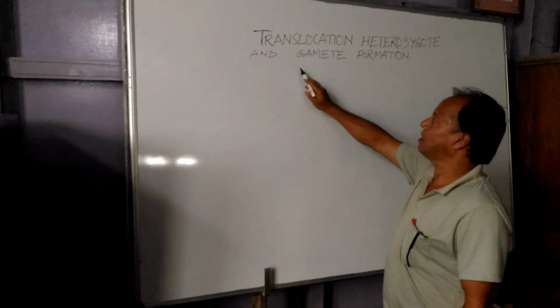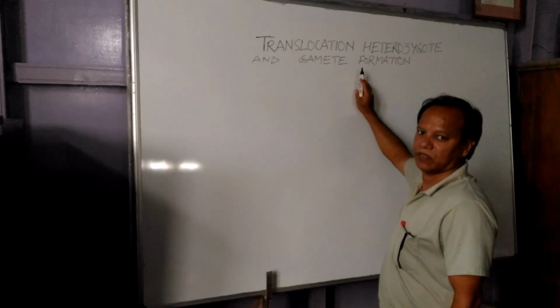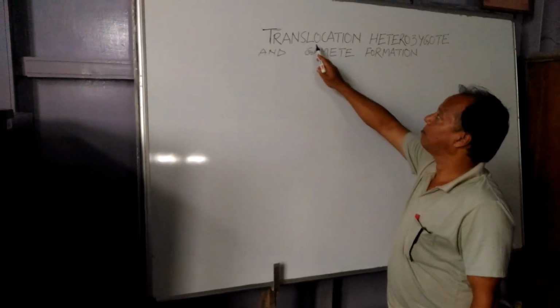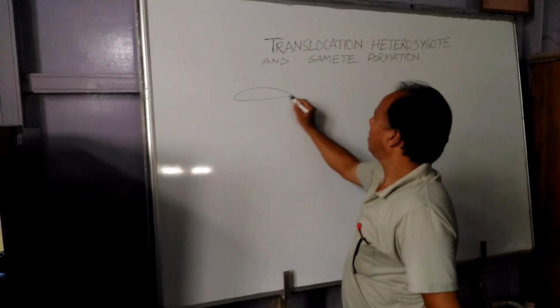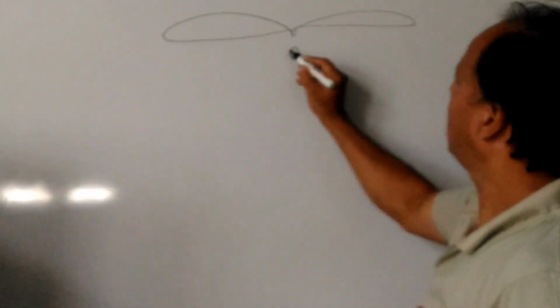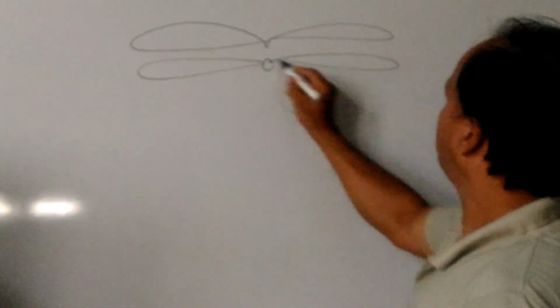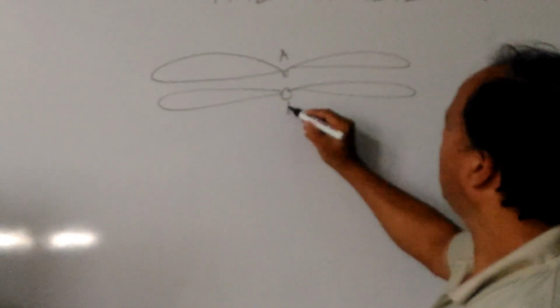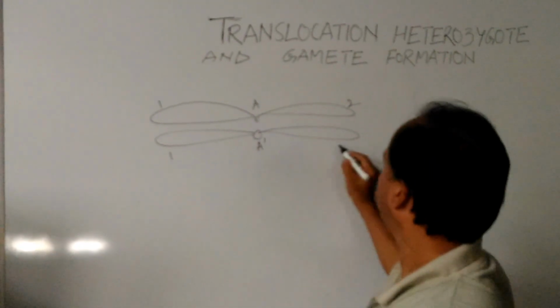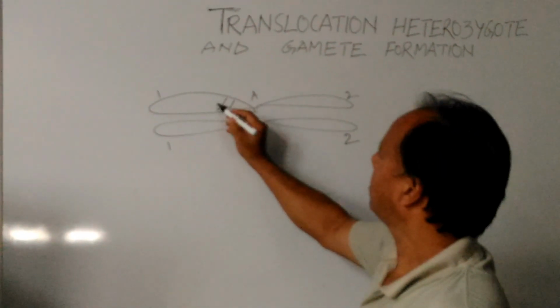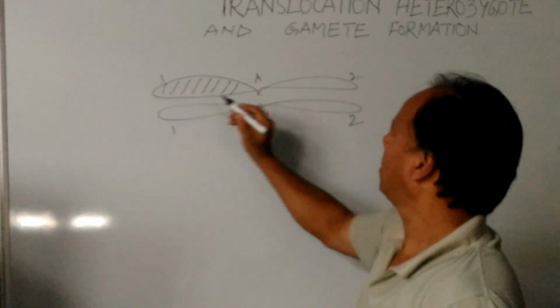Dear friends, today's topic is translocation heterozygote and gamete formation. For this purpose, two sets of chromosomes are involved. One chromosome is having centromere A and another is having A prime.